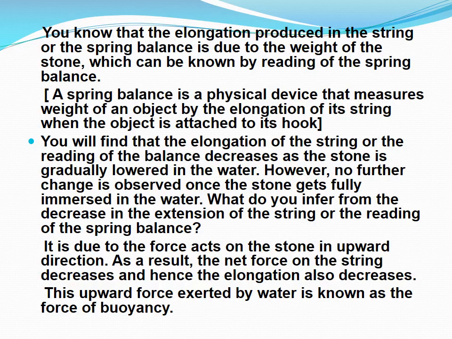What is a string balance? A string balance is a physical device that measures the weight of an object by the elongation of its string when the object is attached to its hook.